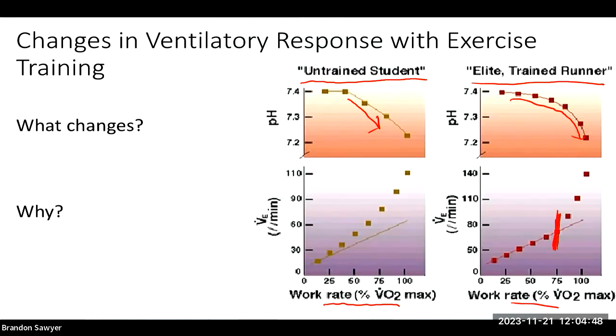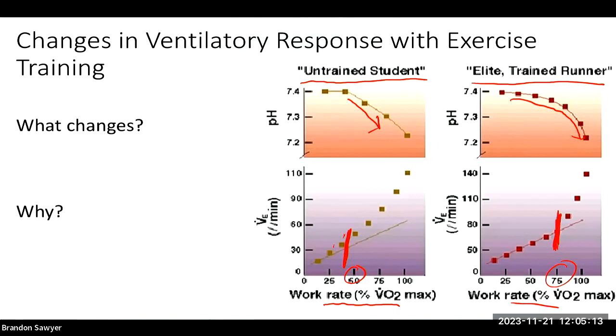So this would be the ventilatory threshold in the trained one, whereas here, we're looking at it probably somewhere in here instead. And I think this is what you're getting at, Quinn, that we see ventilatory threshold happening much later, or at least at a higher percentage of the trained person's VO2 max. So maybe only around 50% in the untrained person, then up around 75% in the trained person.